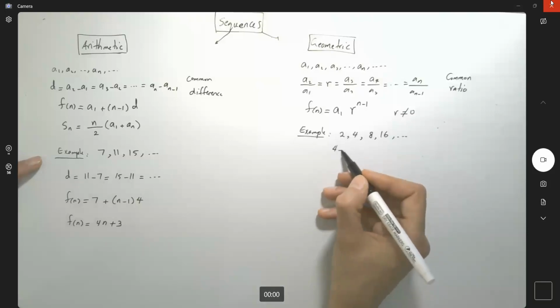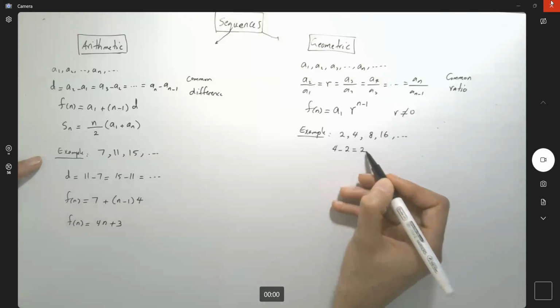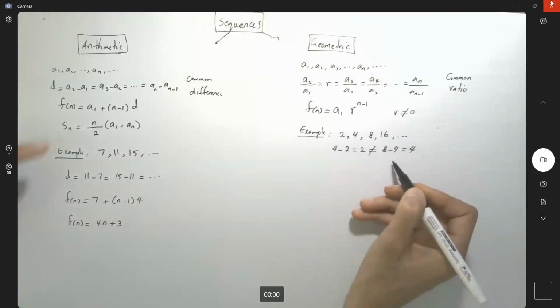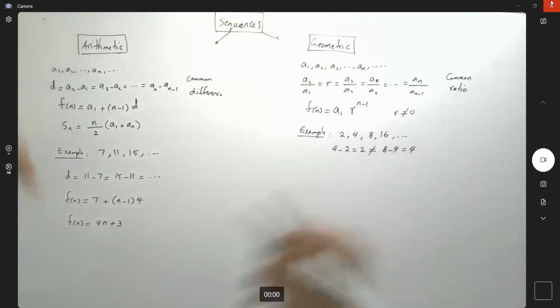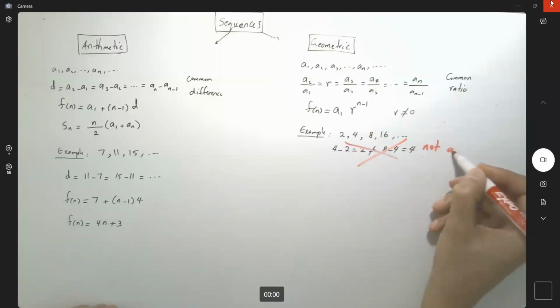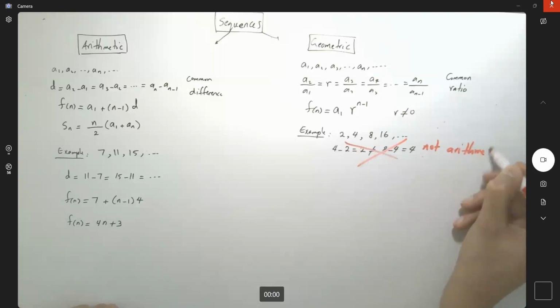If I do the subtraction, 4 minus 2 is 2, but it's not the same as 8 minus 4, which is 4. So it is not an arithmetic sequence. Well, take a look at the ratio.